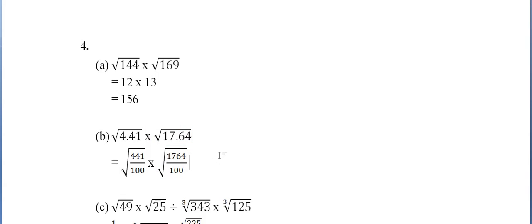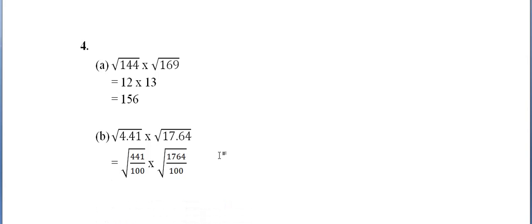So this is giving you the hint that this 441 has a square, okay? Just like 10 is the square root of 100, okay?